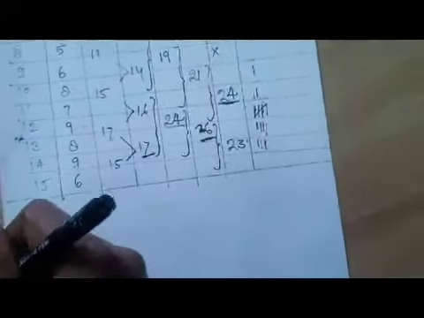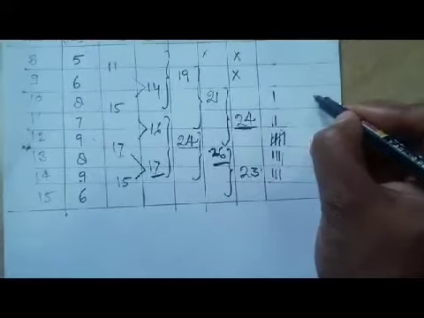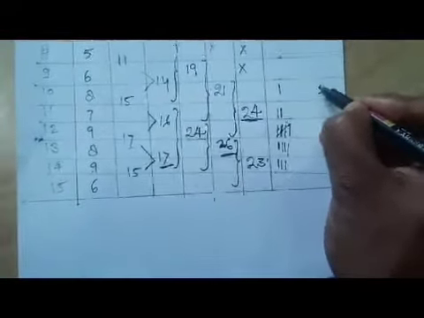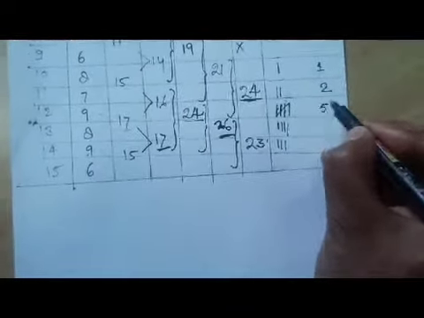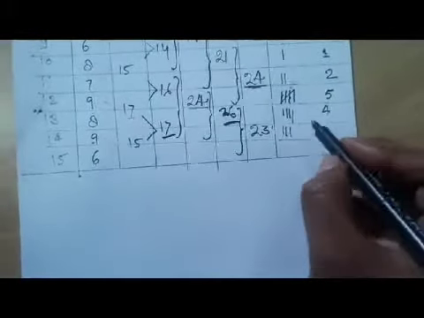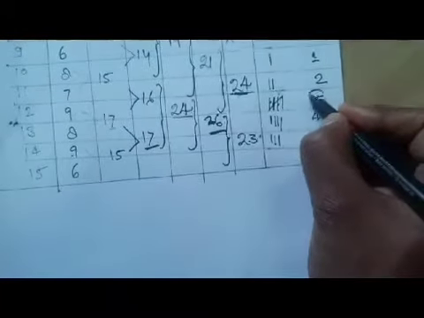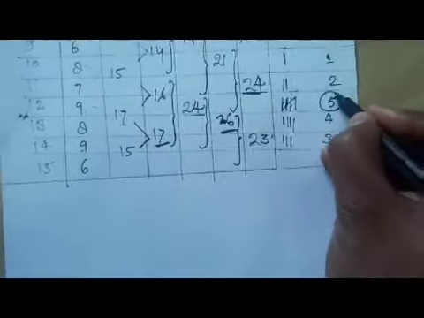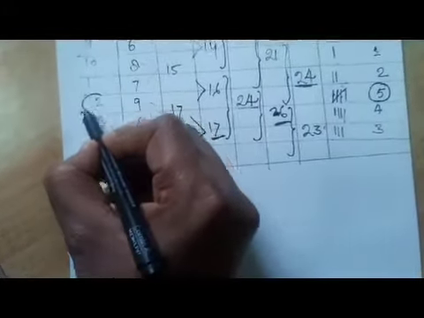So here we see the tally marking is like this: 10 gets 1, 11 gets 2, 12 gets 5, 13 gets 4, and finally 14 gets 3. So here the highest tally marking is 5, and that is for 12.